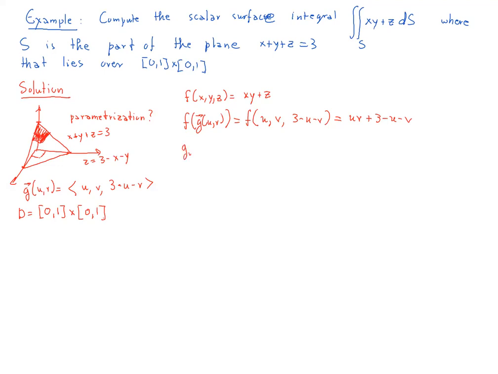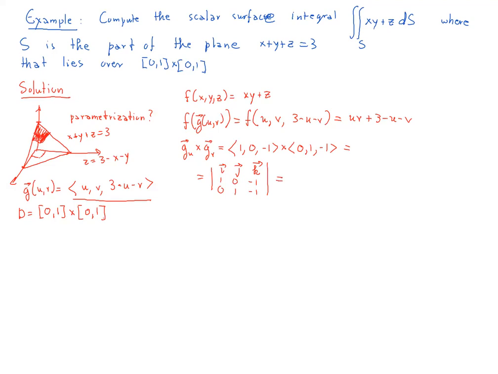So the normal vector would be g sub u cross g sub v. What do we mean by g sub u? By g sub u, we mean that we take g of uv and we differentiate all the components with respect to u partially. So this will give us (1, 0, negative 1) cross (0, 1, negative 1). And this will be the determinant with i, j, k, then 1, 0, negative 1, then 0, 1, negative 1.